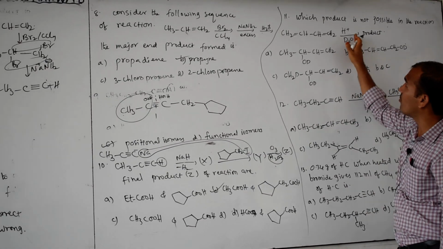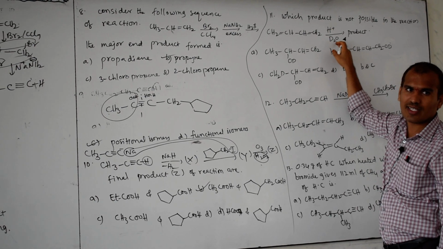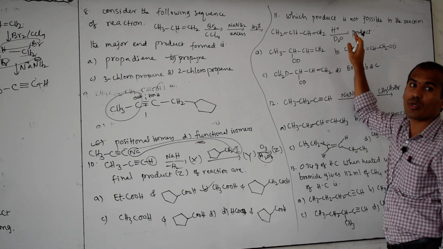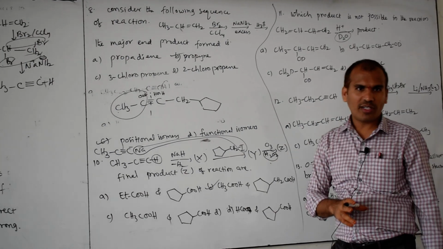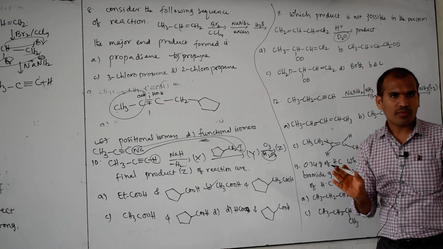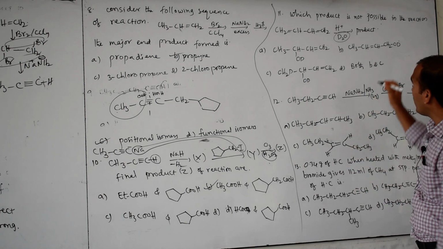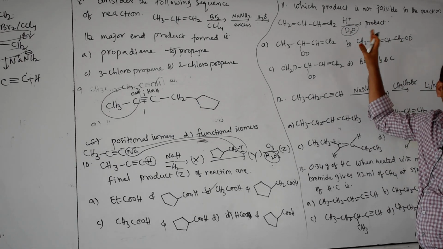So H plus comes from this catalyst, and OD minus comes from this one. Before, somewhere we discussed keto-enol tautomerism: H plus comes from the acid, OH minus comes from the water. But here H plus comes from this acid and OD comes from this D2O.